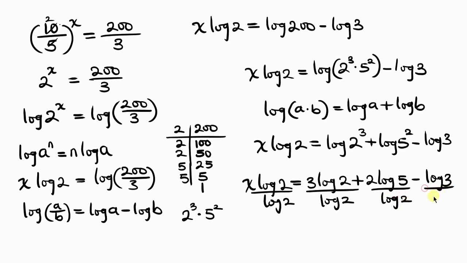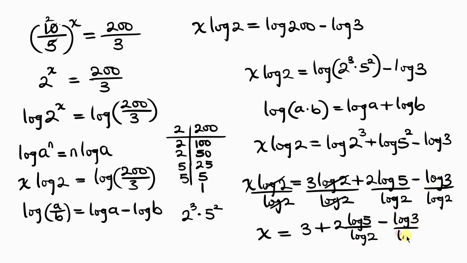Remember, I'm dividing through by log 2. Good. Now log 2 can cancel off log 2. I have x to be equal to 3 plus 2 log 5 over log 2 minus log 3 over log 2.